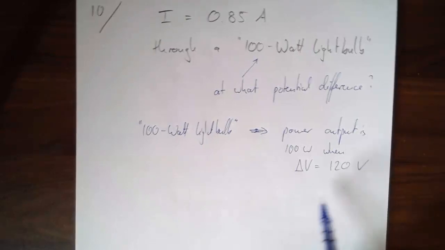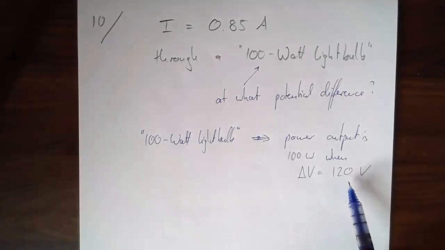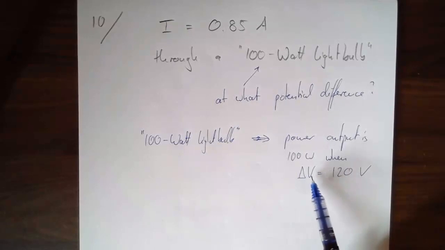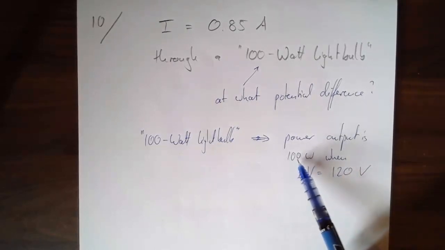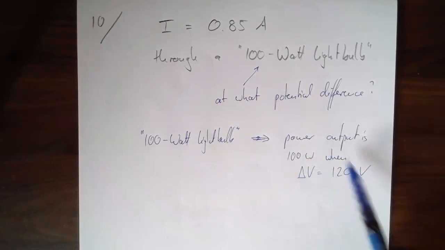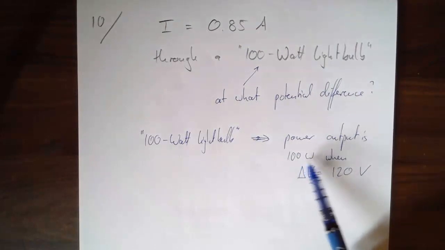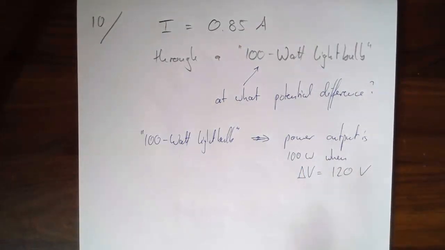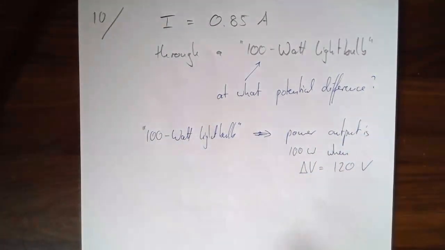The potential difference in your domestic house circuitry is 120 volts. So what it's telling us is that at 120 volts potential difference, we're going to get 100 watts. You can check that 120 times 0.85 is really close to 100. Not exact, but extremely close. So really they're cheating you. They're telling you it's 100 watts, but it's not 100 watts unless you plug it into 120 volts.